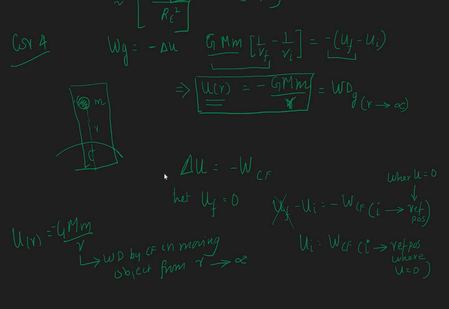So this is our very general definition, and you can apply it for any conservative force. This definition of U is the work done by a conservative force. The potential is nothing but the work done by the conservative force in moving an object from that position to a reference position where U is 0.